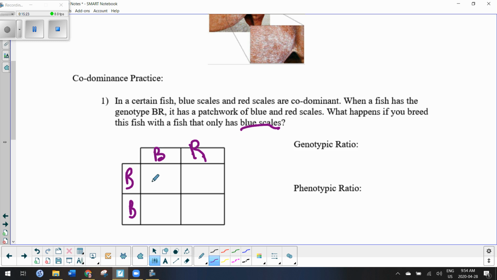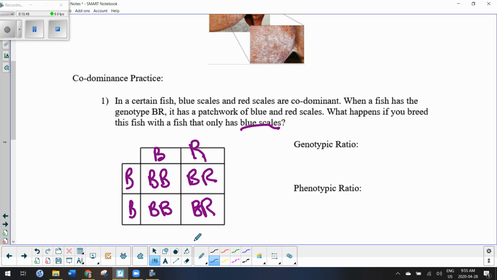So in my Punnett square, I get BB, BR, BB, and then BR again. So looking at the offspring here, this is blue, blue, and this is patchwork. So you have some that are blue, some that are patchwork.